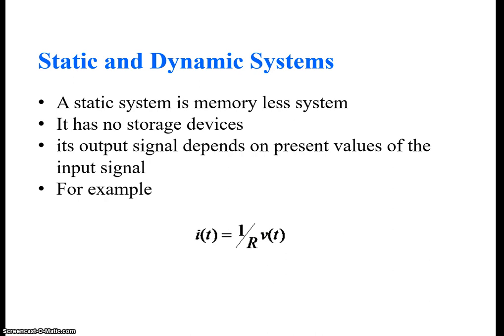If it depends upon the past and future value of input, then the system is called a memory system. A real-time example: the current through a resistor is i of t is equal to v of t by R. So basically the resistor is a static device.